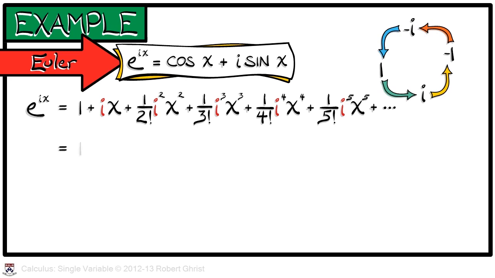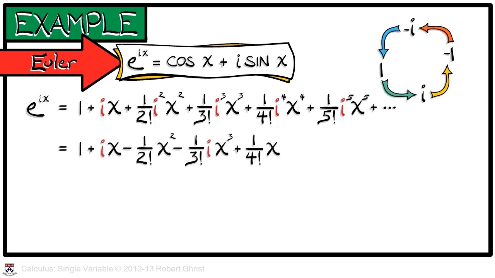Therefore, we have a cyclic pattern in our powers of i that allows us to simplify this expression as 1 plus ix minus x squared over 2 factorial minus i x cubed over 3 factorial plus x to the fourth over 4 factorial, etc. You can see the pluses and the minuses coming in alternating pairs, and the real versus imaginary terms alternating with each term.